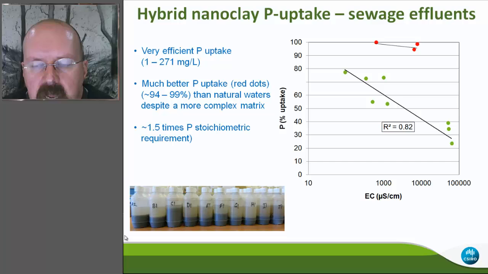And that's despite it being a much more challenging matrix. In this case, we used about 1.5 times the stoichiometric requirement, but nonetheless you can see really encouraging results in terms of phosphorus uptake from what is, as I said, a very challenging environment.